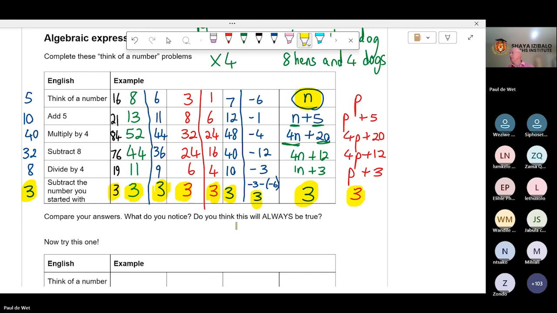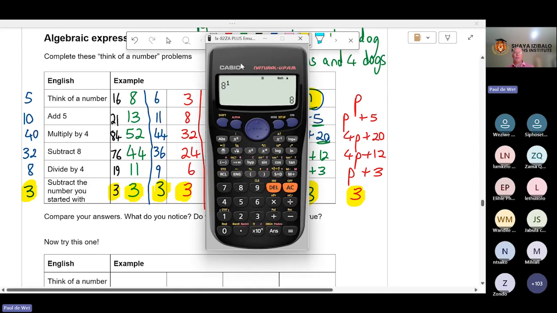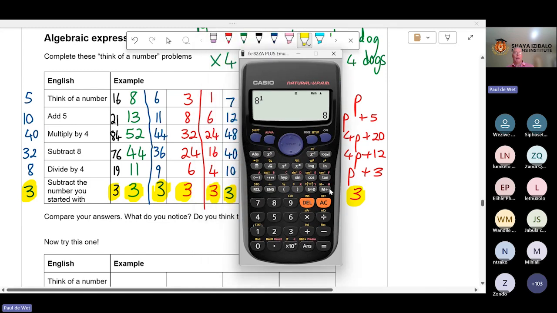Okay, so someone wants me to try 10,000. It'll work. I'm going to bring up my calculator, just to convince you that it'll work. So let's start with 10,000. There's 10,000. Let's add 5. There it is, 10,005.